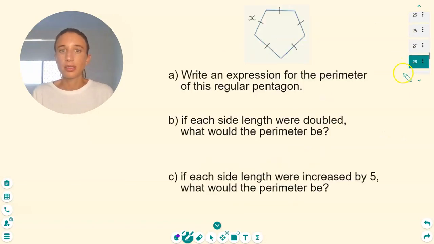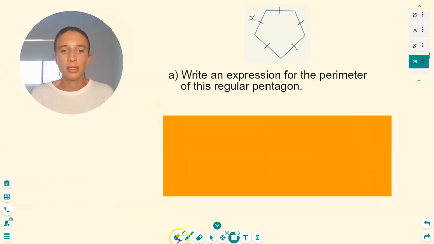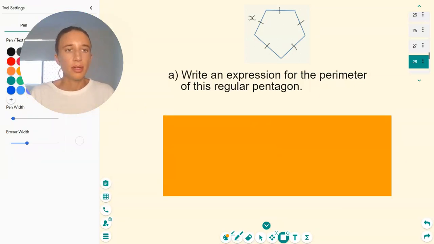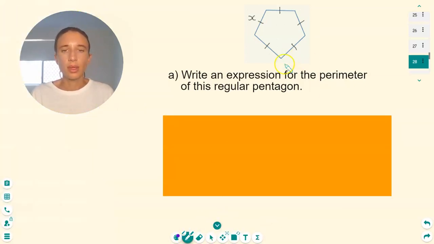All right. And last question for this video. Now let's make it just a little bit simpler by putting this down. Let's go. So here we have a 5-sided shape, 1, 2, 3, 4, 5, and they're saying write an expression for the perimeter of this regular pentagon.